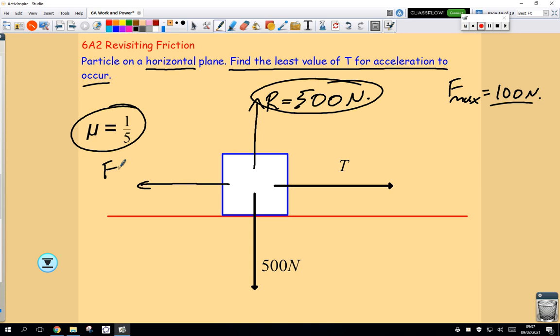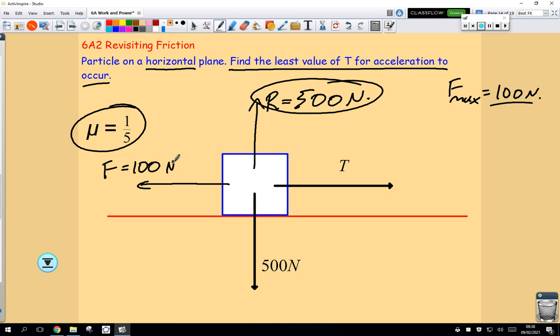So in order for acceleration to occur, we have to outweigh friction. In other words, we have to pull on this string to the right so that we overcome a friction of 100. Friction would have to be at its maximum value in order for acceleration to occur.